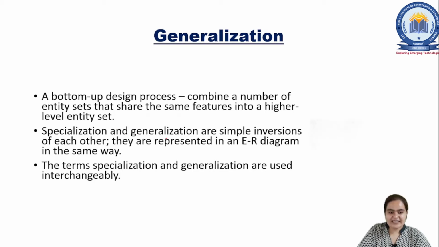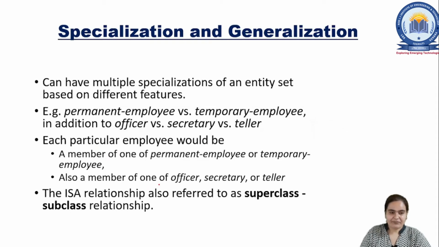So specialization and generalization are simple inversions of each other, but in an ER diagram we have to explicitly specify where we are using specialization and generalization, and they can be used interchangeably.